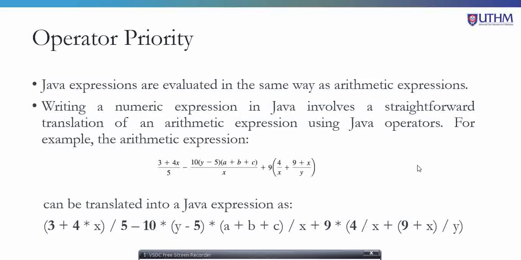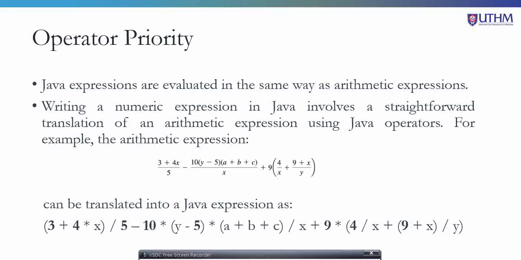Okay, next, operator priority or precedence, keutamaan. Java expressions are evaluated in the same way as arithmetic operations. Writing a numeric expression in Java involves a straightforward translation of an arithmetic expression using Java operators.